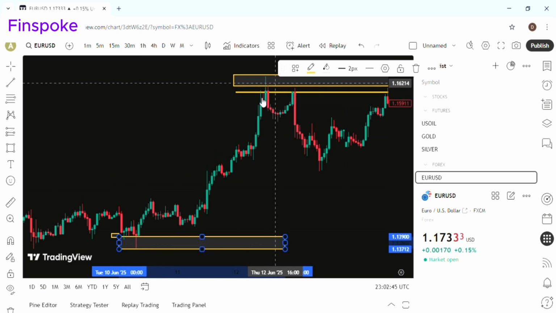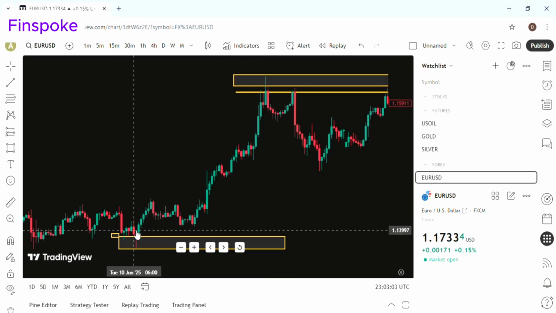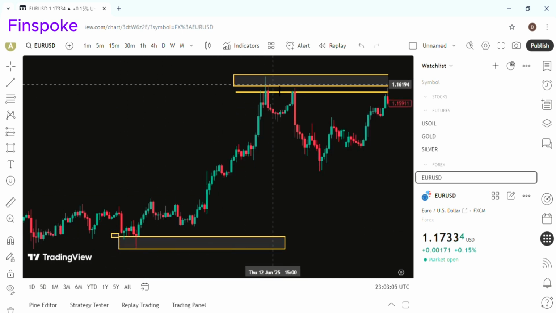When price is approaching a zone, look out for a candlestick that reacted at that zone, to see if the price is presenting you with a long opportunity or a short opportunity, or if price will break through.